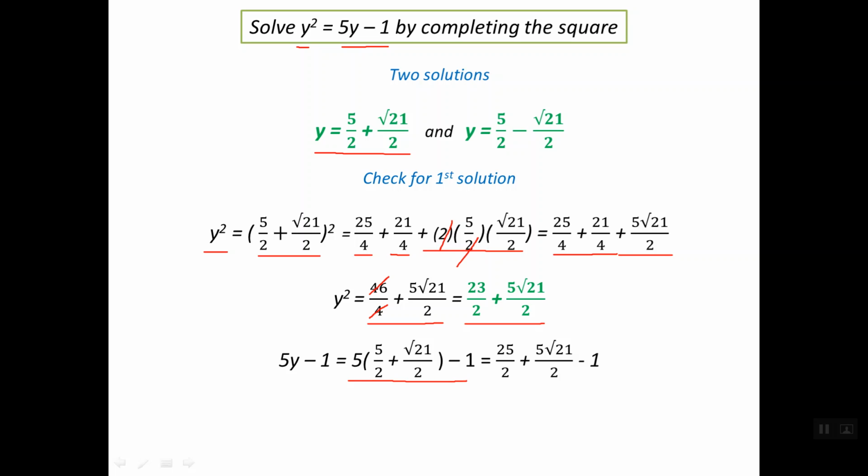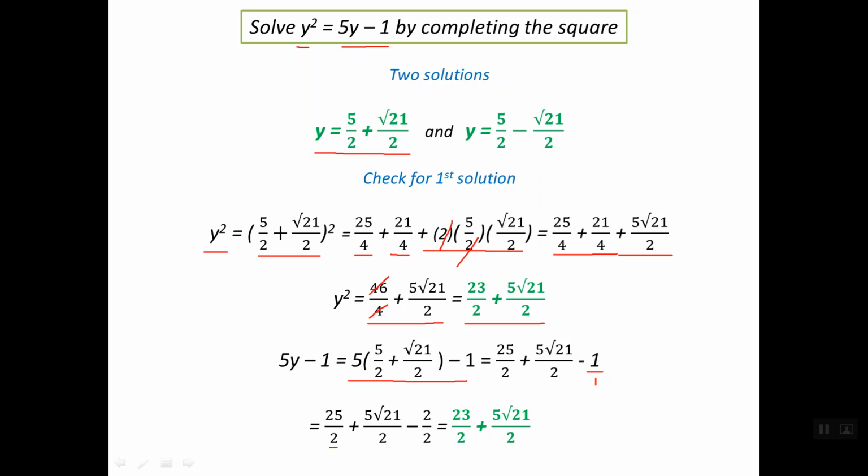And the second term is 5 root square 21 over 2 minus 1. Now we can simplify these values by taking the least common multiple. So the least common multiple for the 2 and 1 is 2.